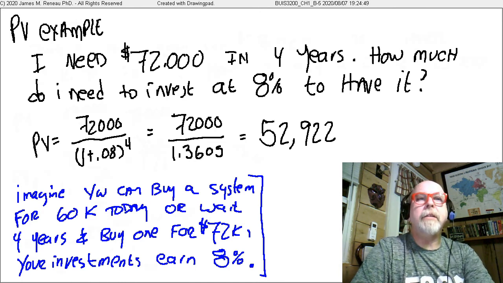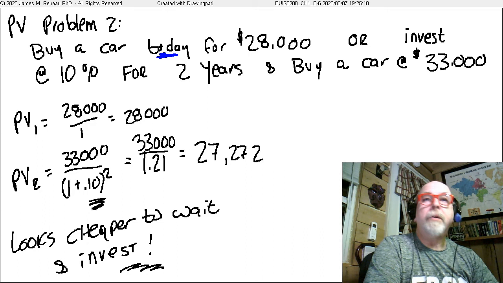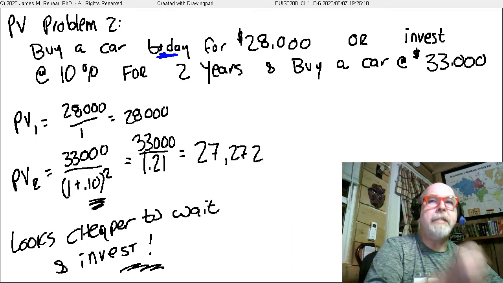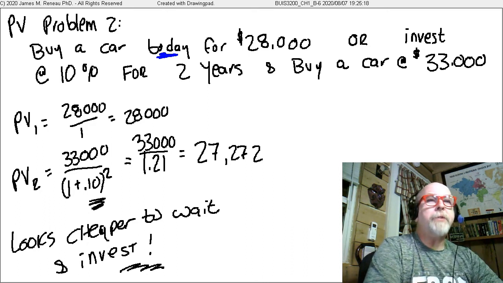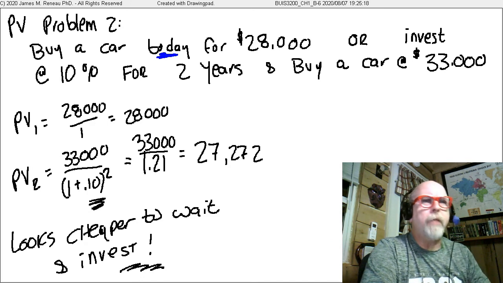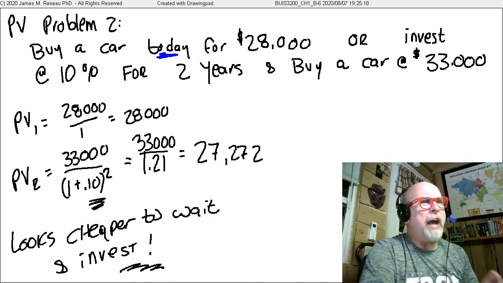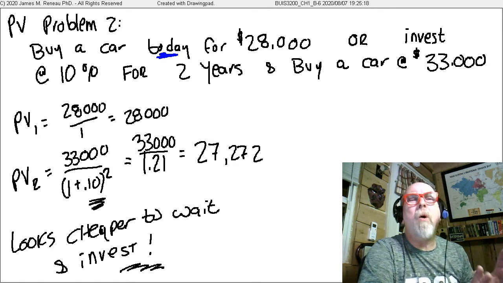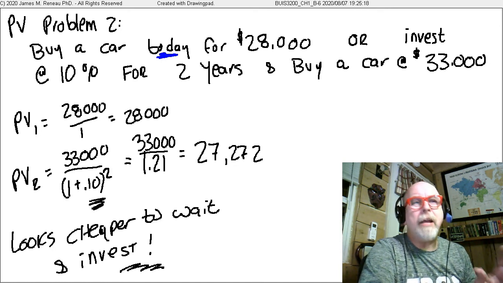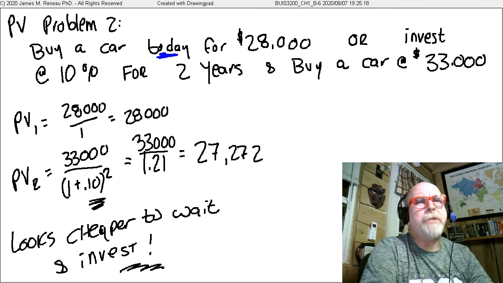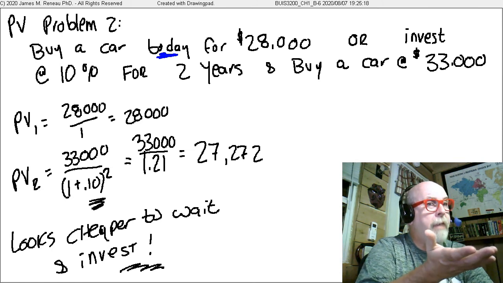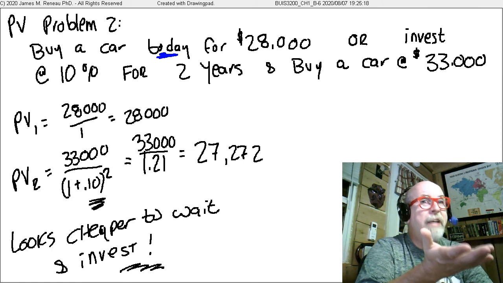Let's look at another example. I can buy a car today for $28,000. There's a car I really, really want for $28,000, but there's a car that I have dreamed of my whole life, and it costs $33,000. What if I took my $28,000 I have in my hand today to buy a new car and invested it for 2 years?